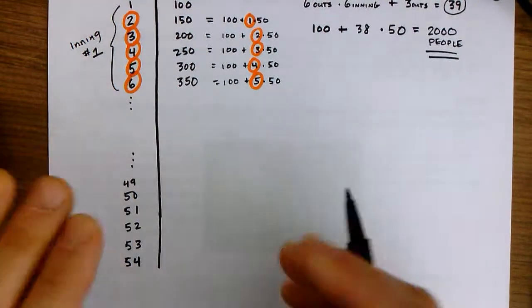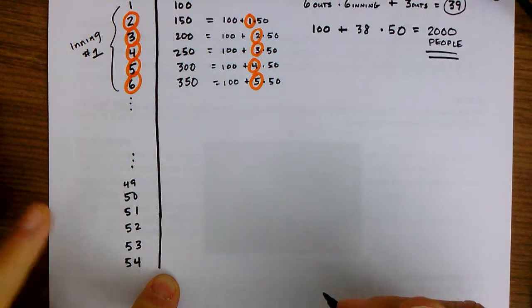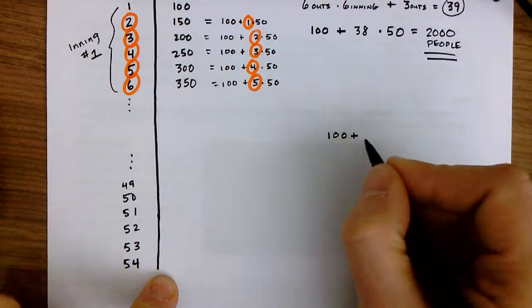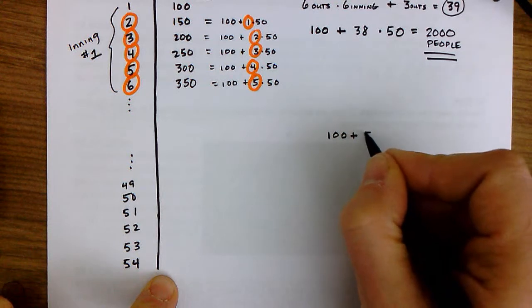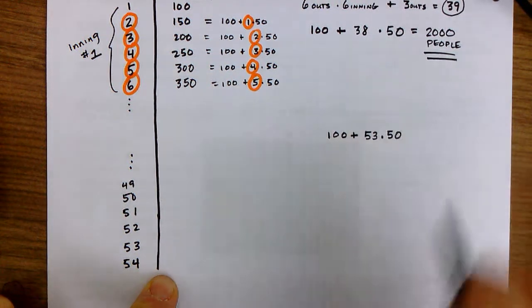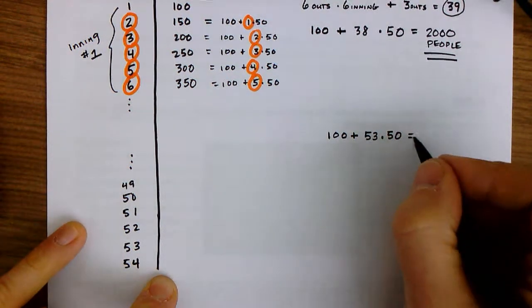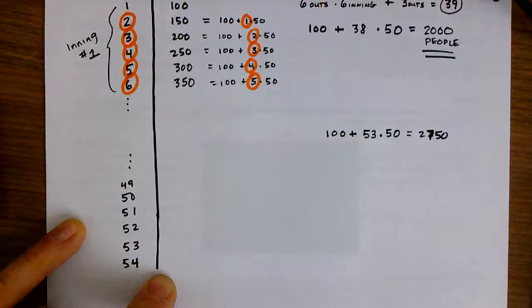You can fill in the space in the middle. The last out, we know how many people are going to be leaving at that moment. It's going to be 100 plus 53 times 50, and if we work that out, that gives us 2750.